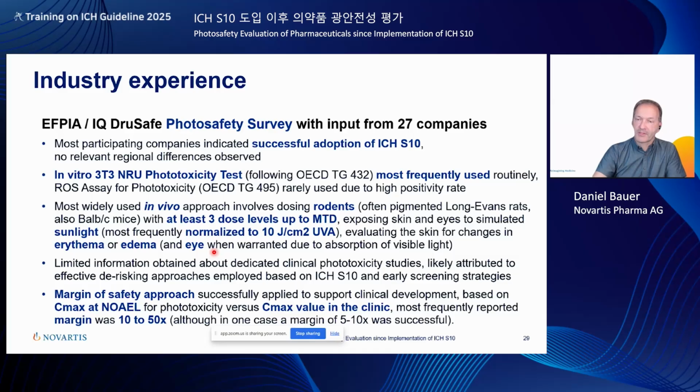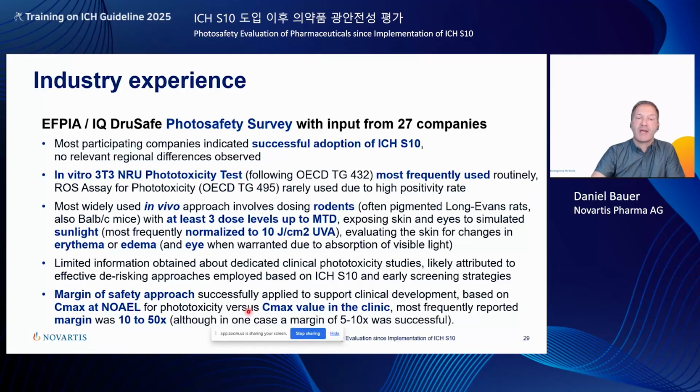And those companies who had the actually undesired opportunity to also follow up with in vivo toxicity, they also looked at margin of safety approaches. So some companies tried it and were successful with using the Cmax at NOAL versus the Cmax value in the clinic, as I just showed you on the figure.